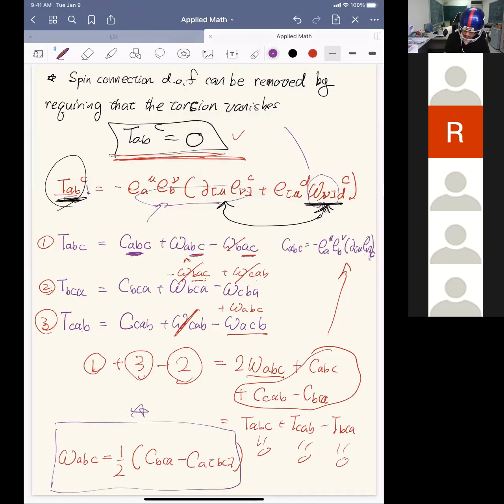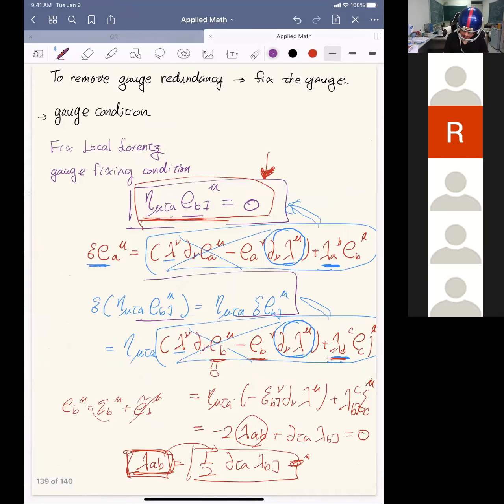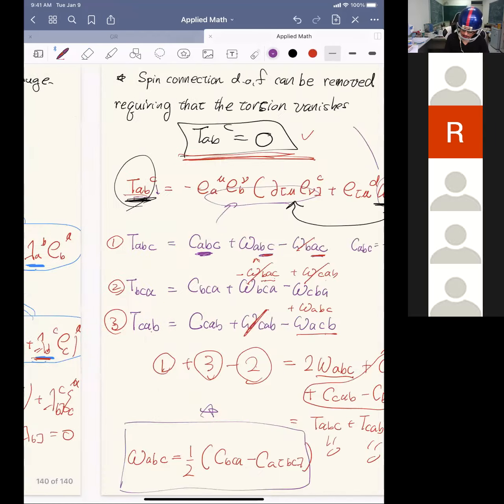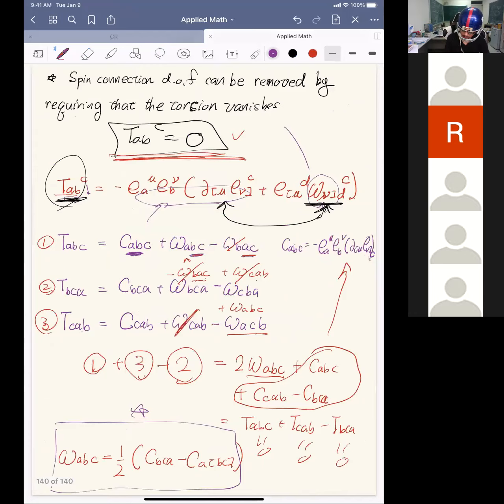So now we've seen that by using the gauge fixing condition, we remove the Lorentz gauge symmetry, or the Lorentz gauge transformation, and with the torsionless constraint, the spin connection is also now written in terms of the Vierbein. So our degrees of freedom are now drastically reduced.